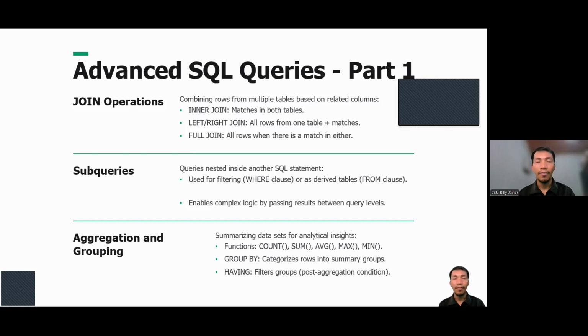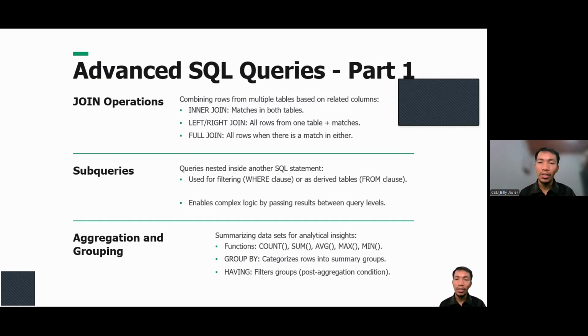Furthermore, aggregate functions like count, sum, max, average, and minimum allow us to perform calculations on groups of data, which we define using the group by clause, and then filter these groups using the having clause. So this is how we start to ask more complex questions of our data using advanced SQL queries.